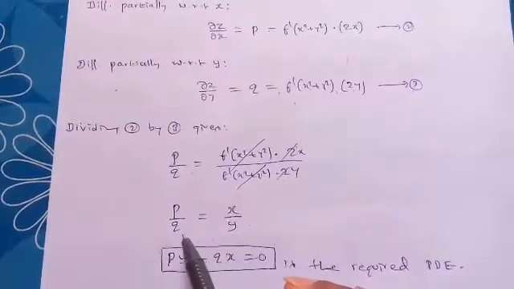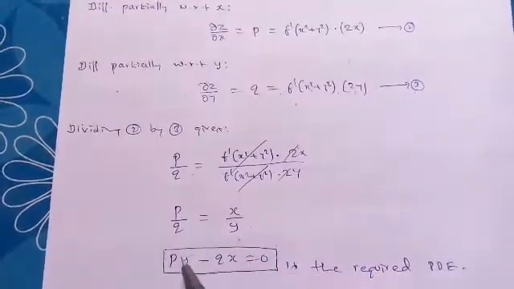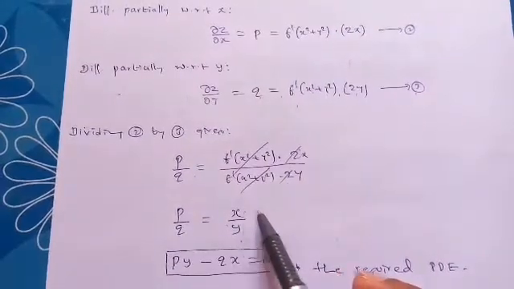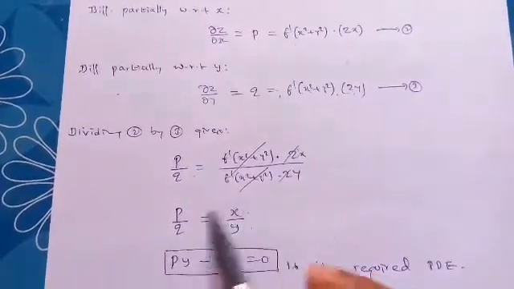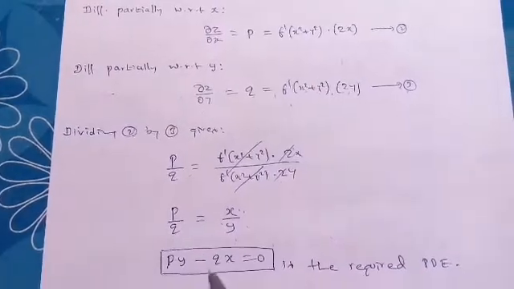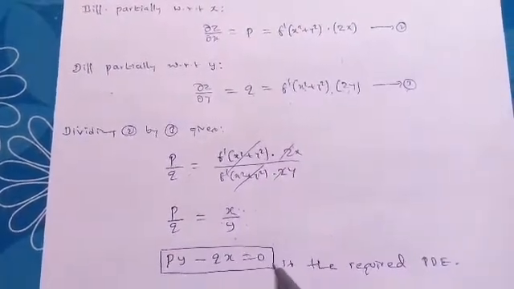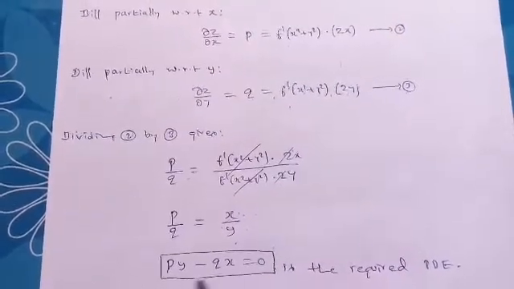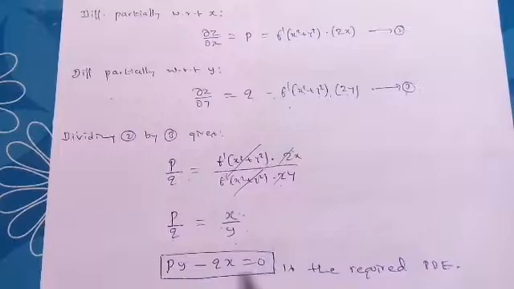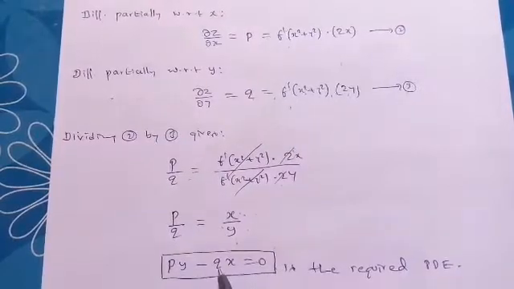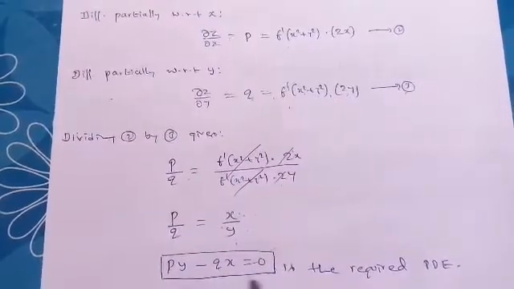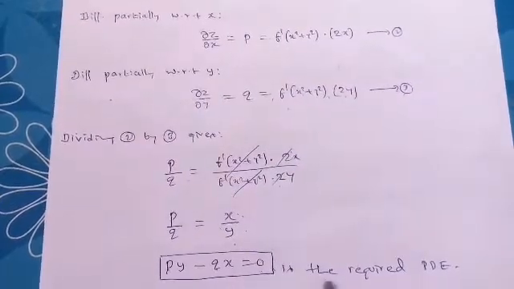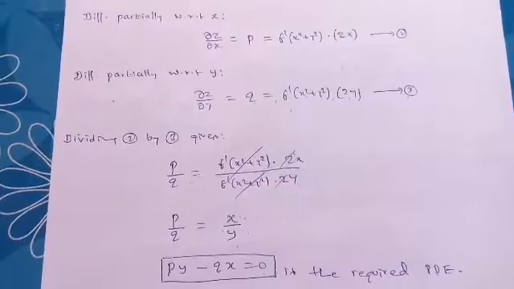Cross multiply the denominator terms, so we get p into y equals q into x. If you transfer q into x to the LHS, we get py minus qx equal to 0. This is the required partial differential equation. In this equation, p and q are partial derivatives, and there is no arbitrary function or arbitrary constant. So this is the required partial differential equation.